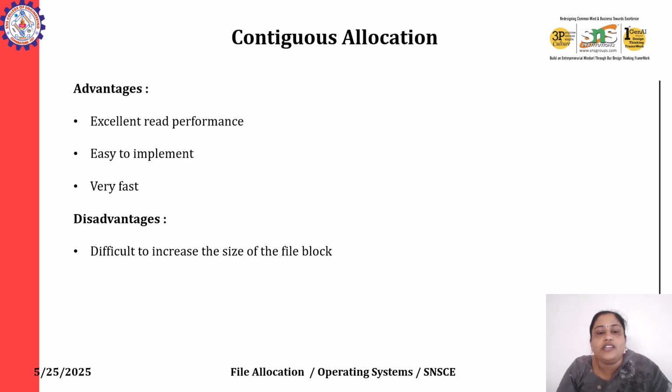Also, when you need to increase the size of the file, this becomes very ineffective because it depends on the availability of memory at a particular instance to increase a file block. These would be the disadvantages of contiguous file allocation.